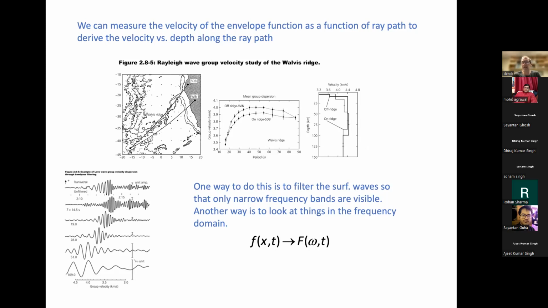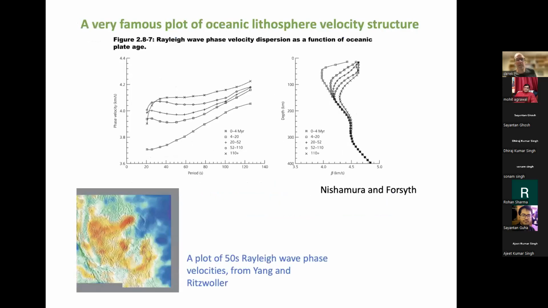Another way to do things is to look in the frequency domain. So we would do a Fourier transform, and we'd plot f of t in terms of f of omega, where omega is 2 pi times the frequency. A famous plot by Nishimura and Forsyth looked at earthquakes along different ages of oceanic plate: 0 to 4 million years, 4 to 20 million years, and so on.